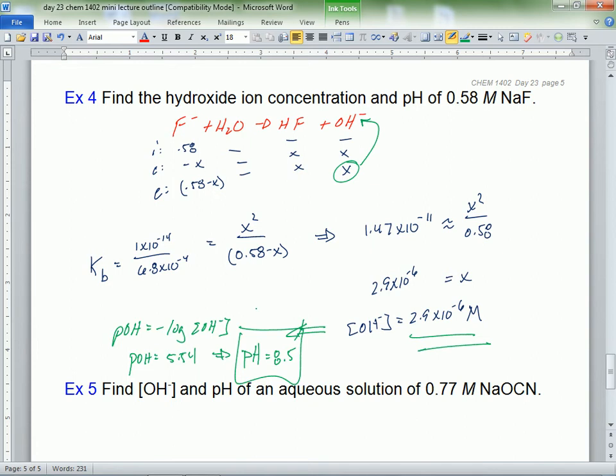Yeah, good. So that goes right there. So now you have to look up the Kb, right? Yes. There'll be x products over reactants, but it has to equal Kb. So you have to calculate your Kb. Kb is Kw divided by Ka, and you'll get it.